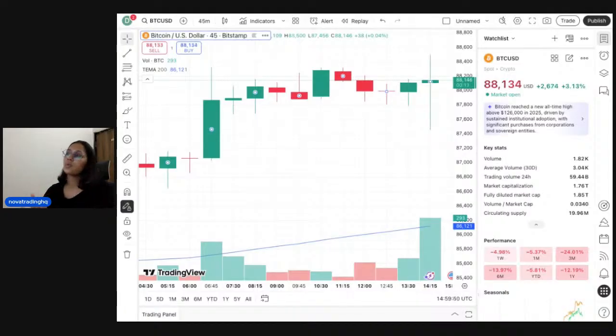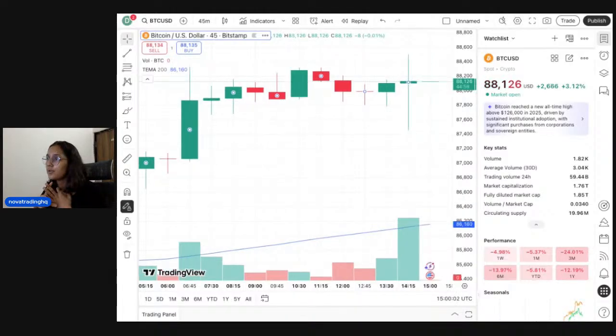I would just say that on this 45-minute chart, Bitcoin is in a clean intraday uptrend. We have got impulse, shallow pullbacks, and higher lows. Sellers are not showing aggression, and pullbacks are overlapping, not impulsive.